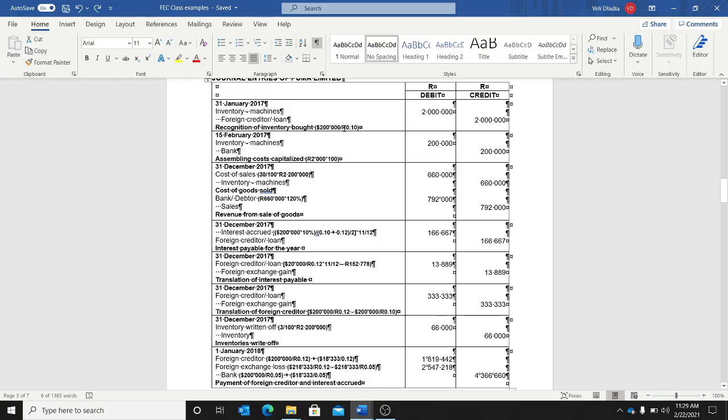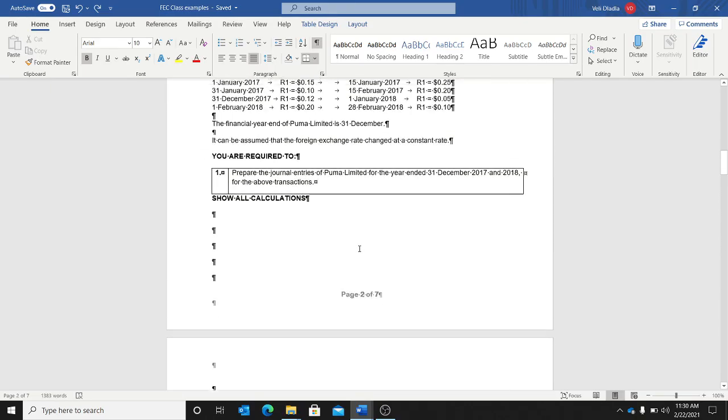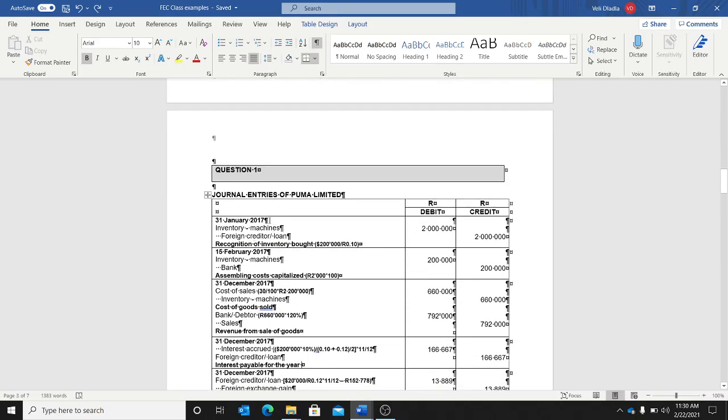So, it's from transaction date, which is this one here, the 10, to the end, which is 31 December. So, you'll see here, they are saying 0.10, which is transaction date, plus 0.12, which is 31 December, divided by 2. Multiply by 11 over 12, because in terms of the months, you've recognized the asset here at 31 January.